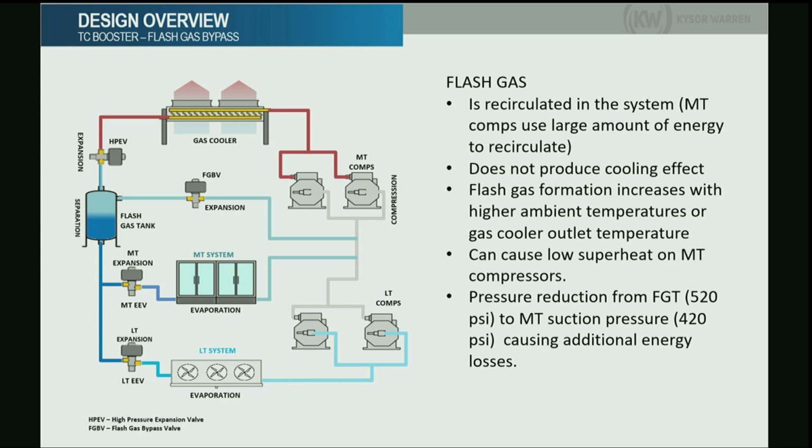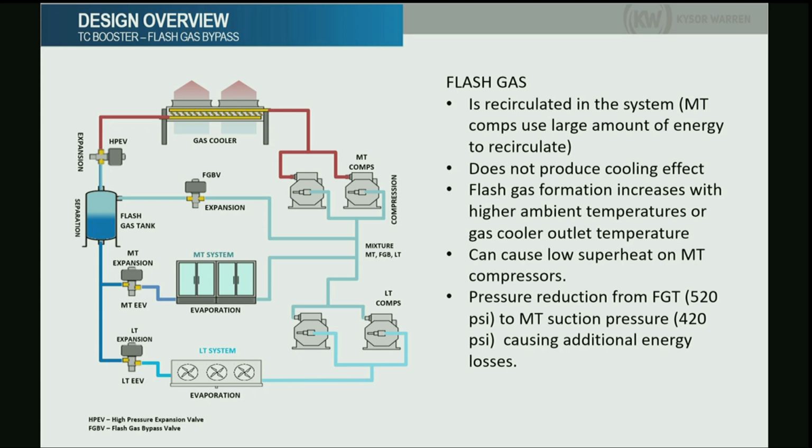It does, because actually, that's the next part. Once the flow goes into the suction of the medium temperature compressors, here is a mix of those three different flows. Depending how much flow you have from the low temperature, how much from the medium temperature, and how much from this bypass, all of that mixes together and goes into the suction of the compressor.